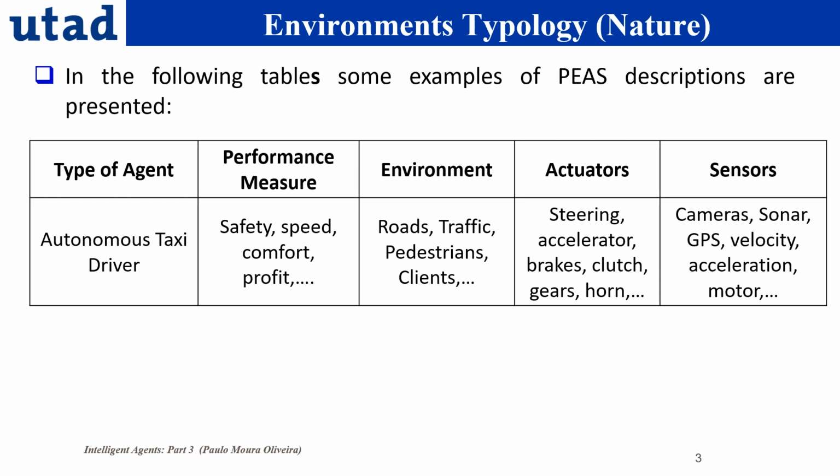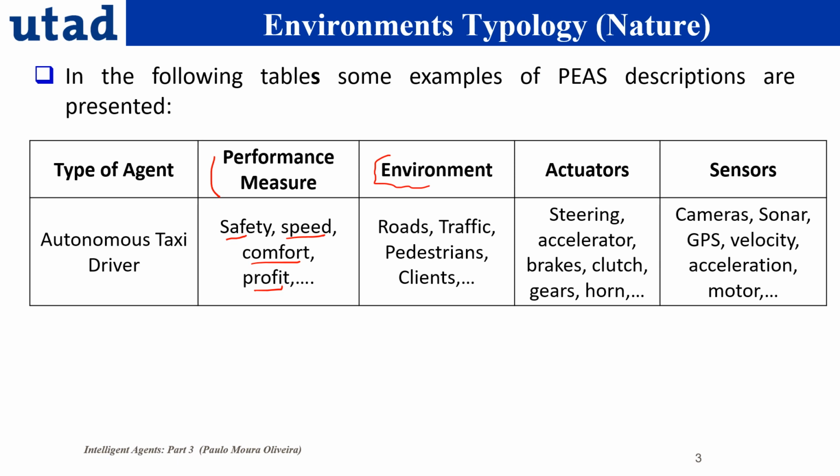So, some examples. In the following tables we are going to see some examples of the classification of these PEAS descriptions. For instance, if you are considering the autonomous taxi driver, the performance measure that we can use is safety, speed, comfort, and profit.